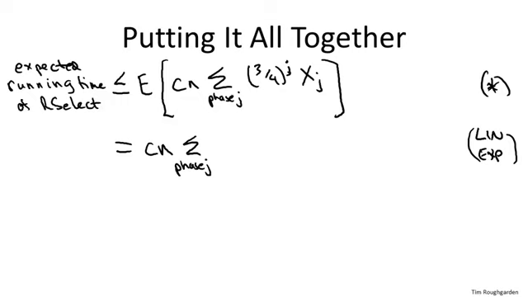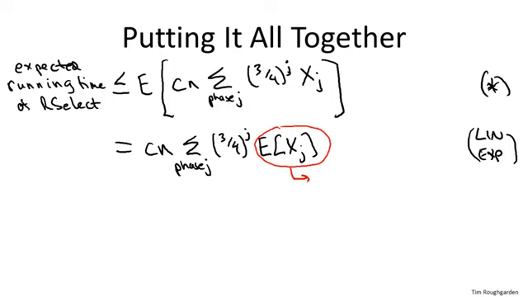Linearity of expectation says the expectation of a sum is just the sum of the expectations. So we yank the c and the n outside of the expectation. We yank this sum over phases outside of the expectation. We yank this 3/4 raised to the j outside of the expectation, and then we just have the expected value of X_j, the average number of recursive calls we expect to see in phase j.